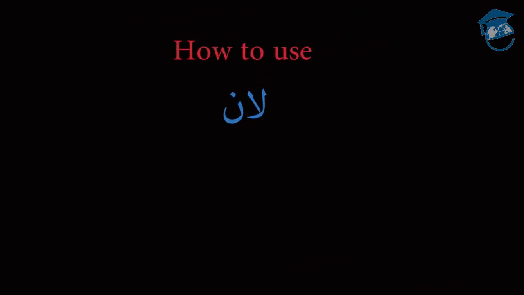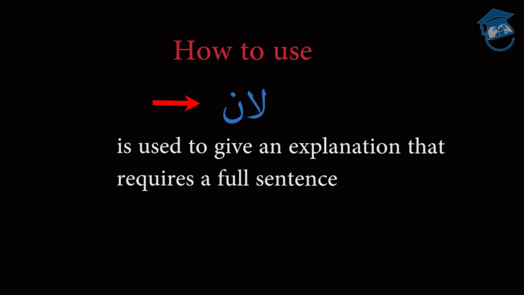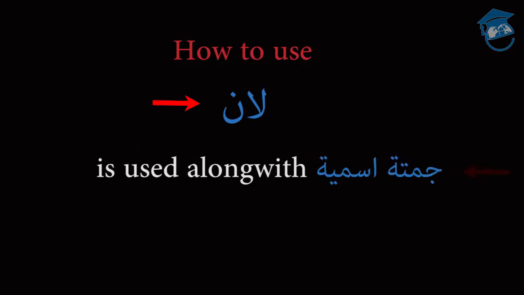Now let's look at how we use li'anna. Li'anna is used to give an explanation that requires a full sentence. We use li'anna plus jumla ismiya. So li'anna is always followed by a full sentence.